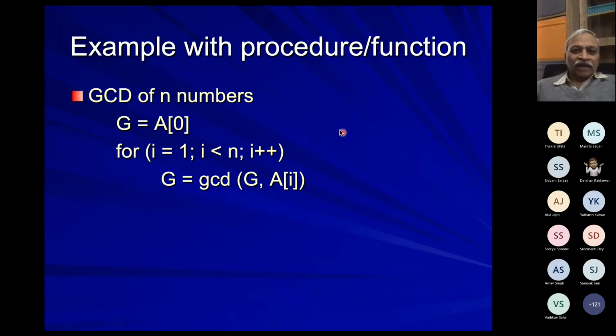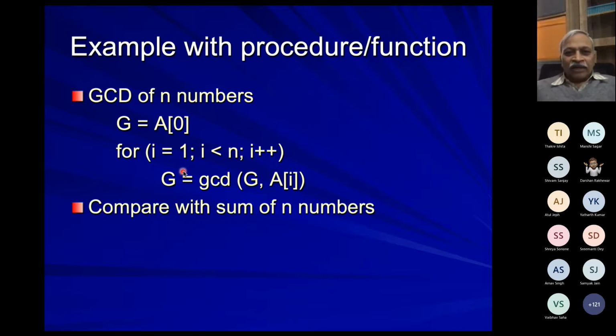We call that array A. So initialize G to the first element of the array and then iterate through this loop with I going from 1 to n minus 1. All you need to do is take the current value of G and the next element and find the GCD. That value will be used again in the next iteration and so on. So you keep iterating over this for all the values.